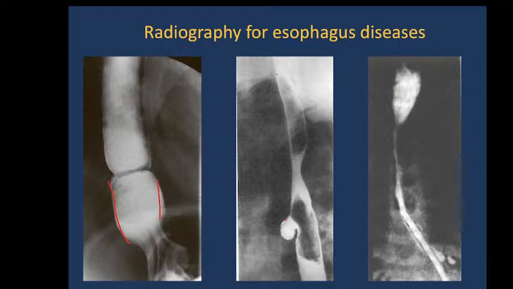Here is the diverticulum of the esophagus. This is a small pocket on the left side of the esophagus, which is filled with barium sulfate. And here the left picture is the esophageal stenosis after taking acid or some other aggressive fluid.